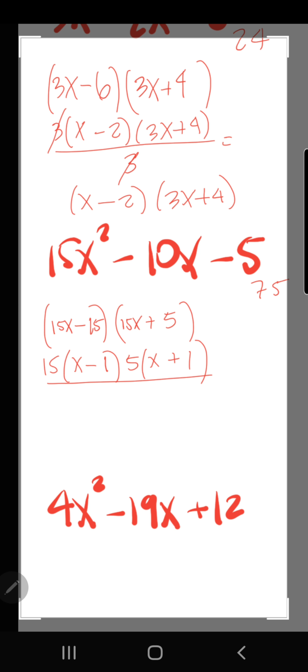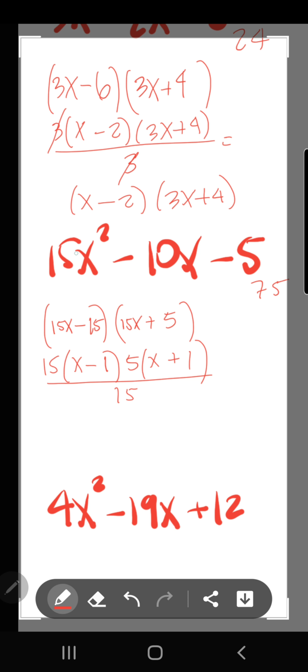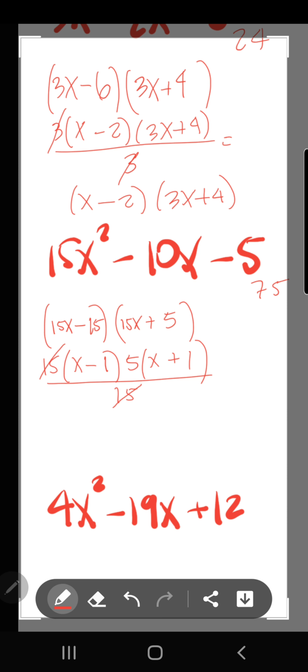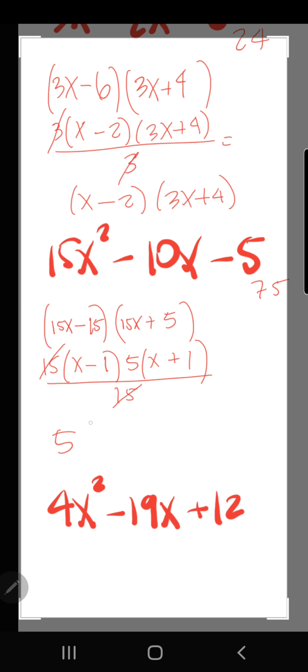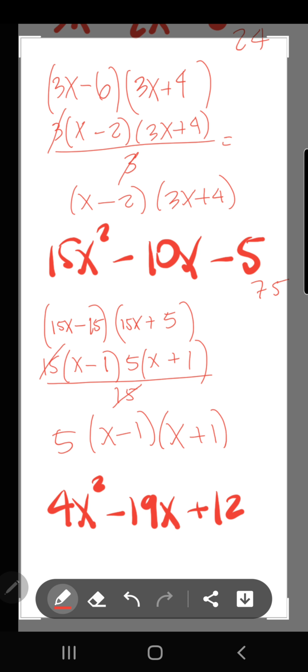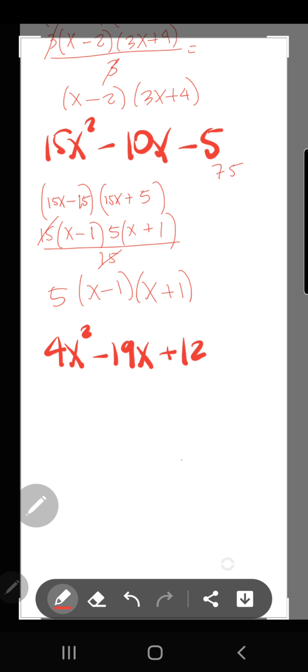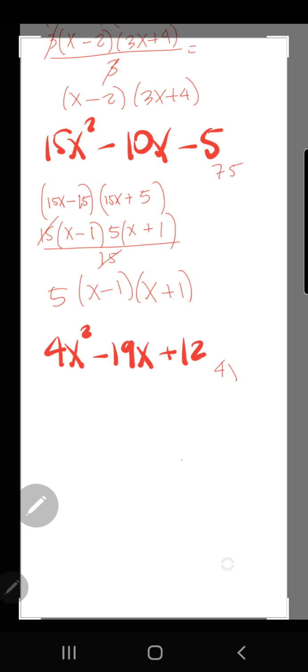Then you divide over 15 because you multiplied in the beginning times 15. So eliminate these two numbers and the answer will be 5 times x minus 1 times x plus 1. And that's it.